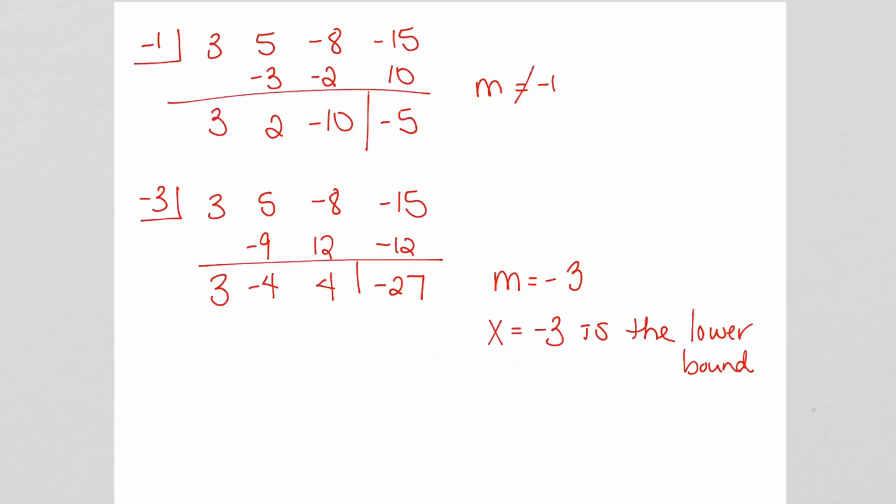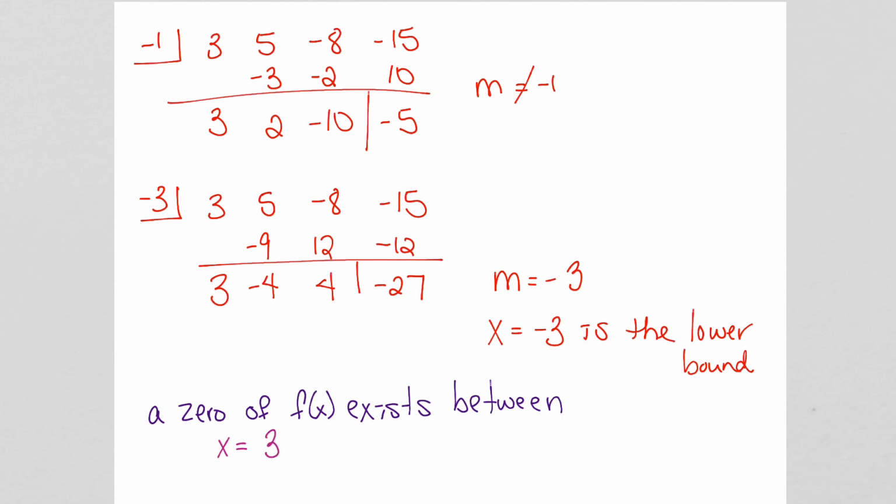So a 0 of f of x exists between x equals 3 and, well, that should be the other way around, between x equals -3 and x equals 3.